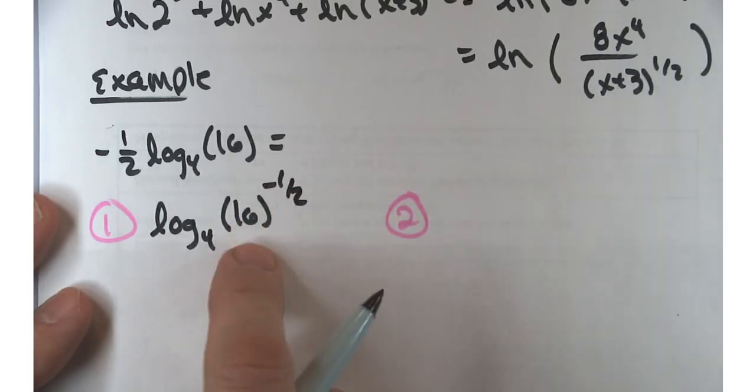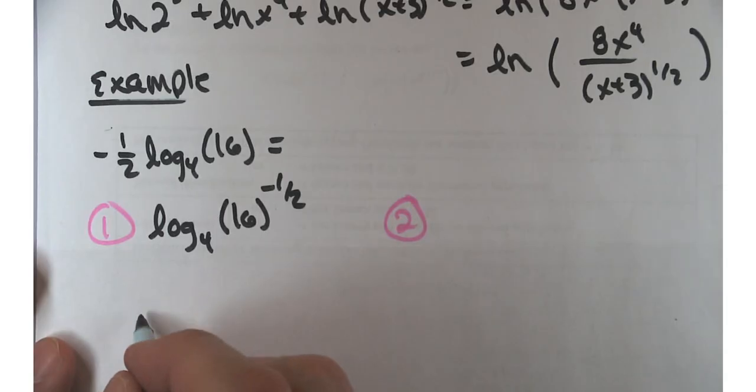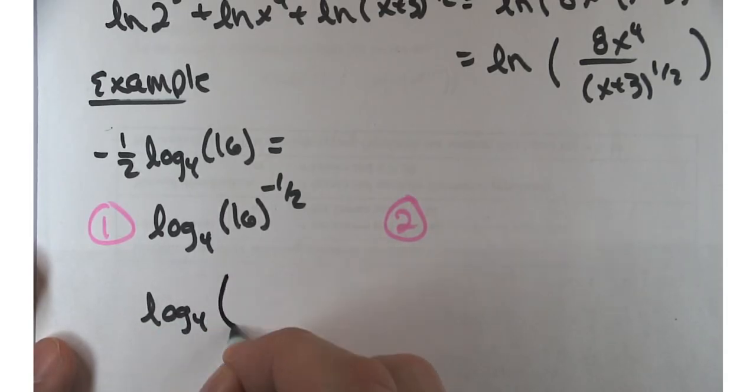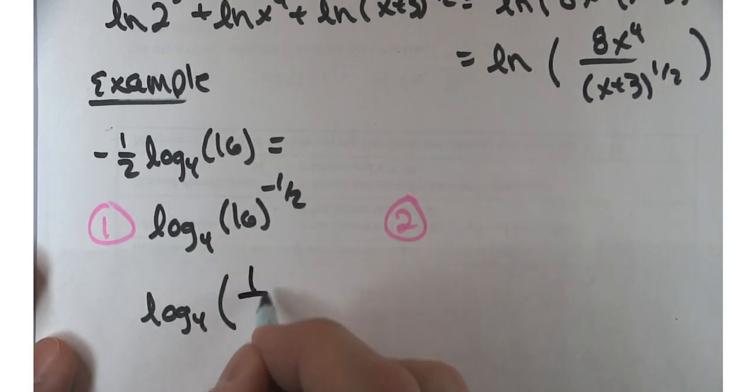Good. How would you want to simplify from there? Well, what's something to the negative 1/2 power going to look like? Well, I guess we can make our life a little bit easier if we get rid of the negative part of it, and it'd be 1 over 16 to the 1/2.